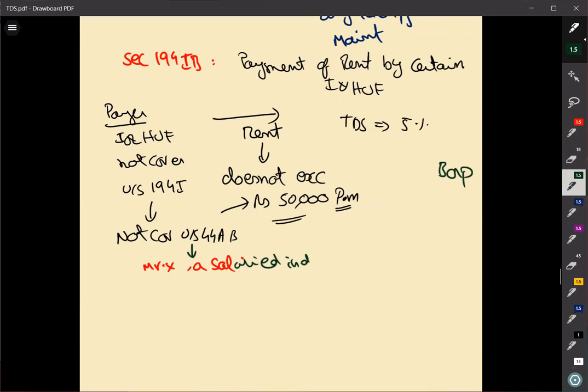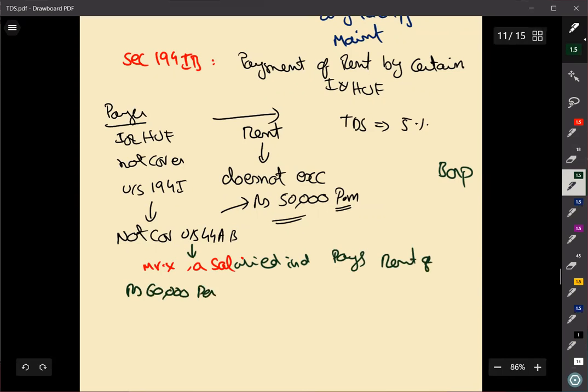As you are earning a salary, 44AB does not cover you. So Mr. X, a salaried individual, pays rent of rupees 60,000 per month to Mr. Y.